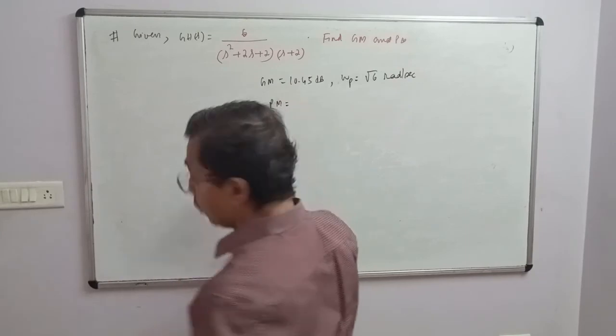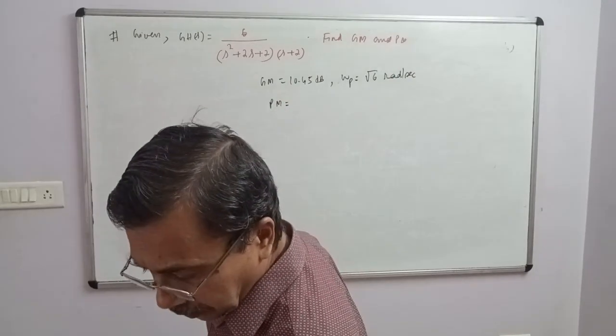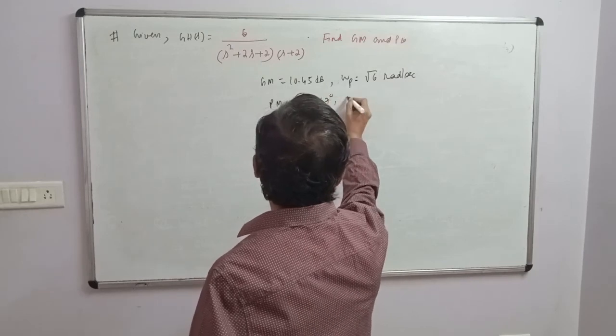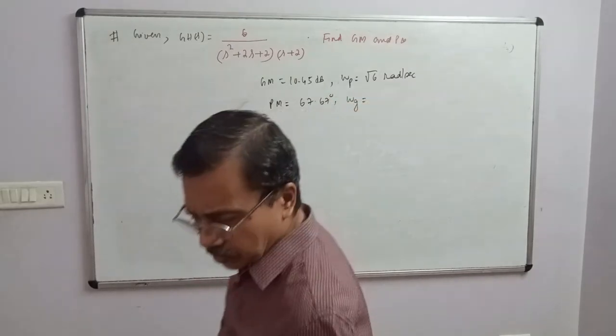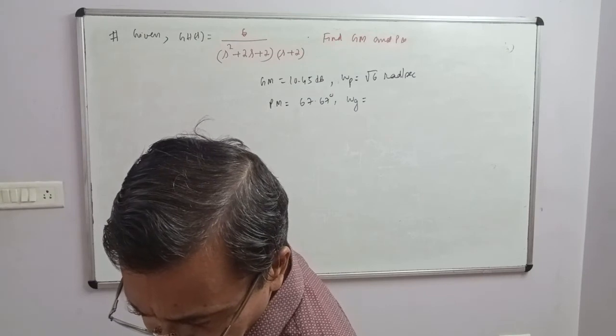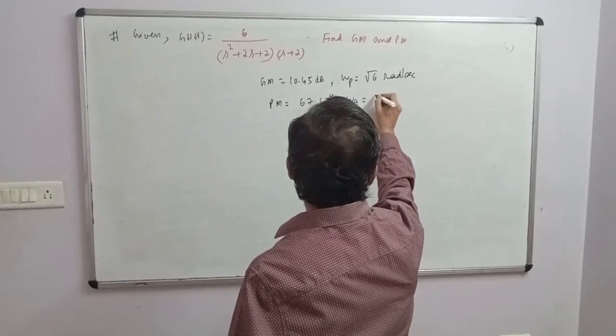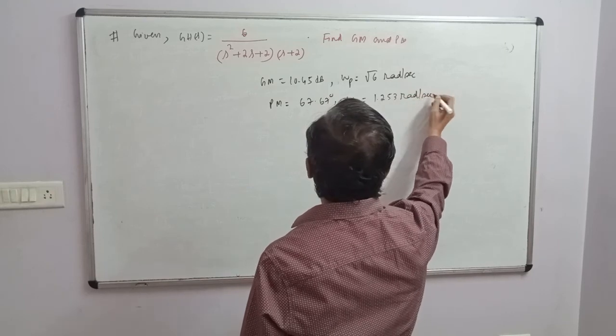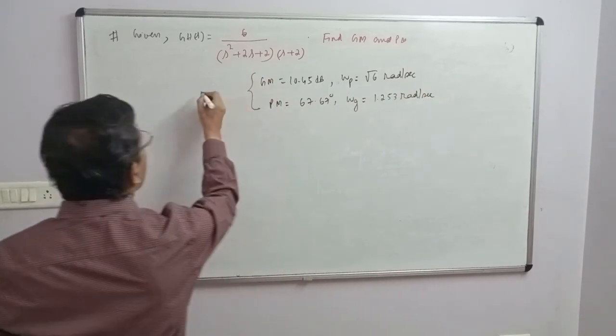Phase margin is equal to 67.67 degrees. Omega g is equal to 1.253 radians per second. This is the answer.